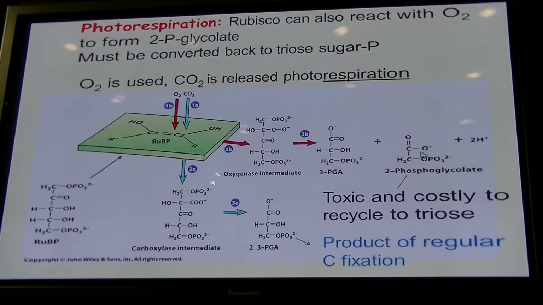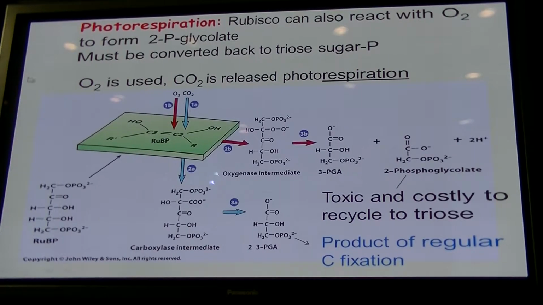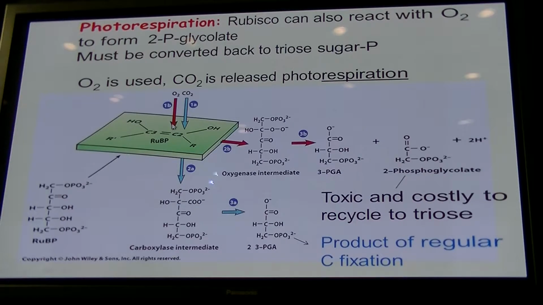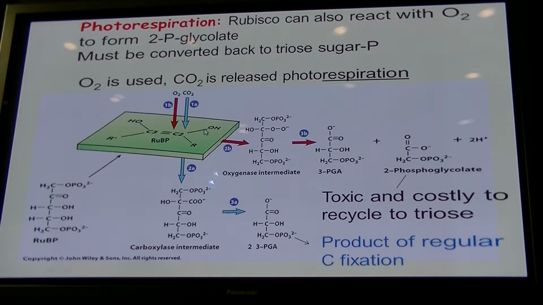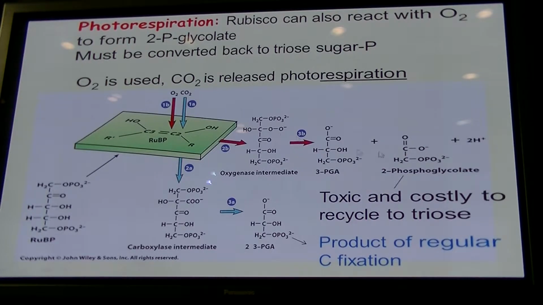So CO2 levels were always favorable for rubisco, and during all of that period there was no selection on the enzyme to not have the oxygenase activity. And in those 2.5 billion years, the whole mechanism of C3 photosynthesis evolutionarily got fixed. And nowadays, rubisco just can't help itself anymore. The last billion or so years that the oxygen levels have been going up, it just had to deal with this mechanism here.